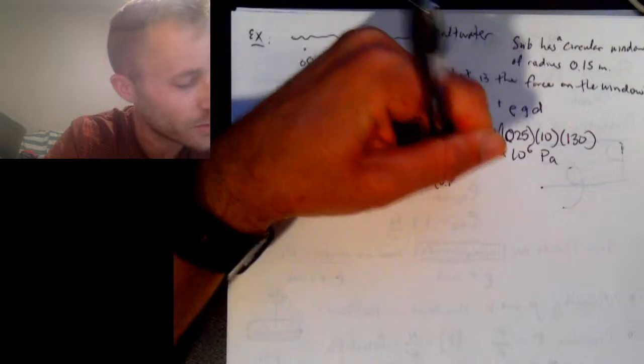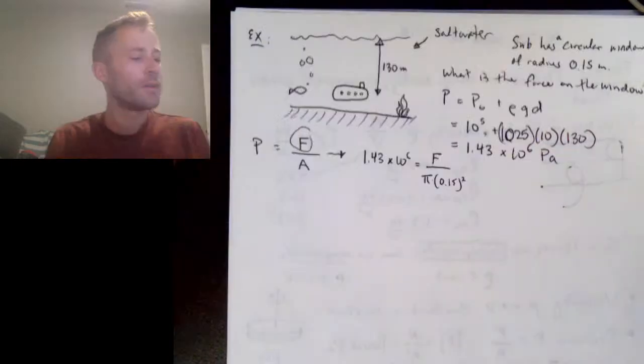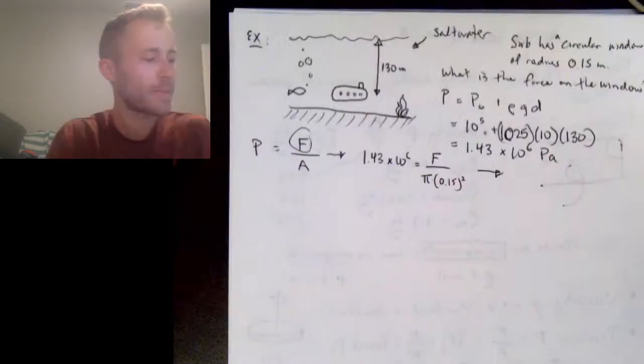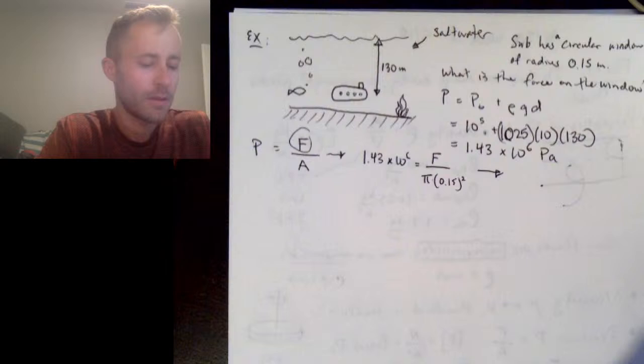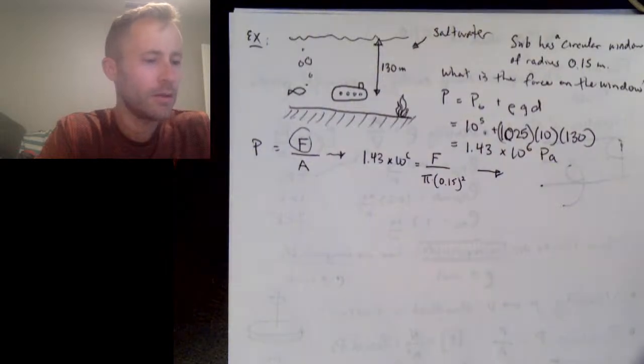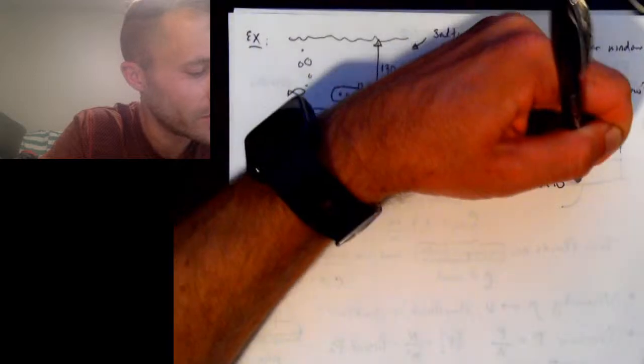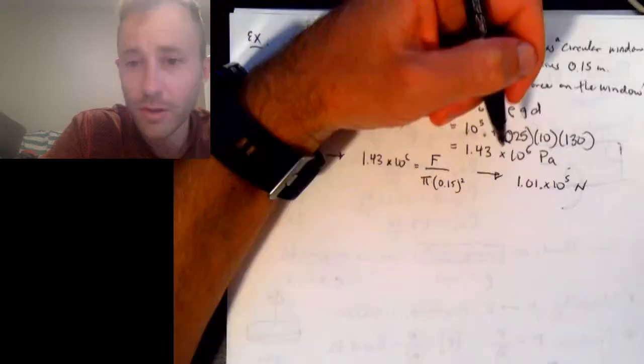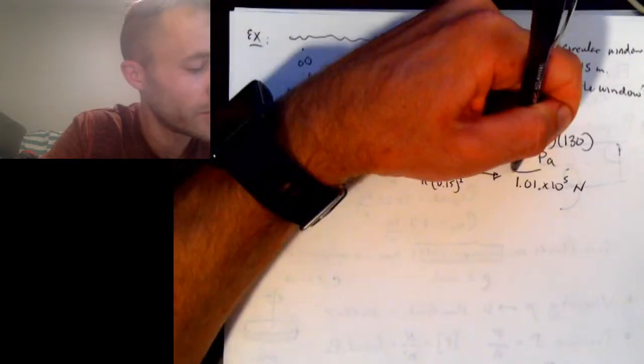So I have pi times 0.15 squared. So I can use this to solve for the force. And I get right around 1.01 times 10 to the 5th newtons. So 100,000 newtons is pushing on that window.